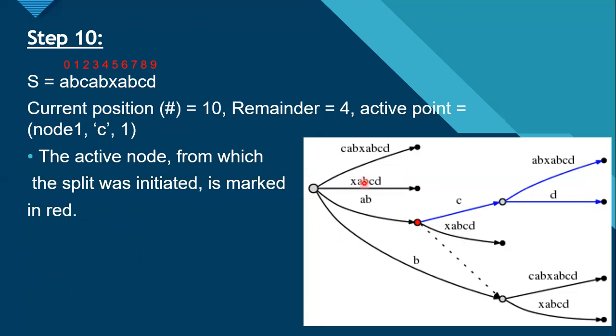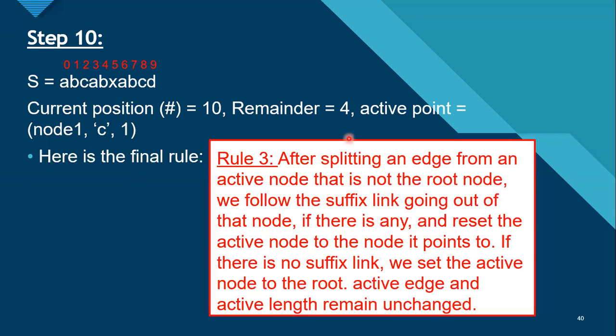So this is after the split. The active node from which the split was initiated is this node right here marked in red. Okay, now we have our third and final rule, which says after splitting an edge from an active node that is not the root node, which yes, this was the case.